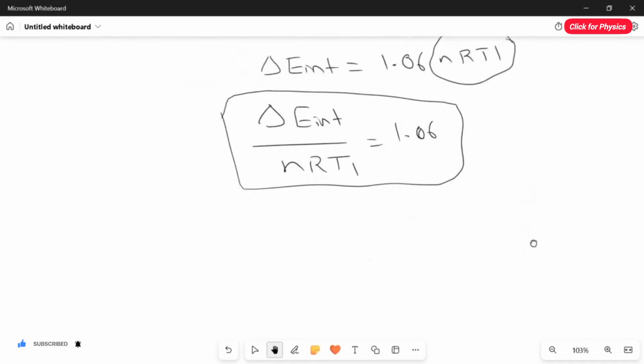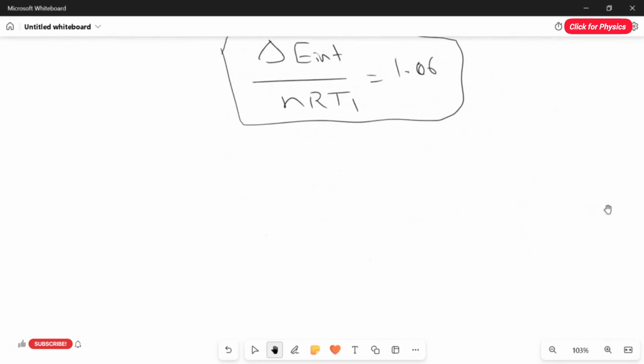Now we come to the last part of this question, which is O. What is O? We are going to find delta S over nR.